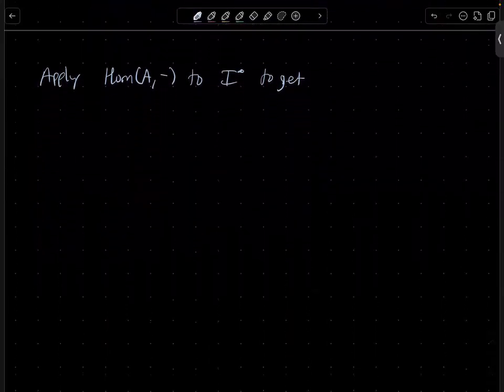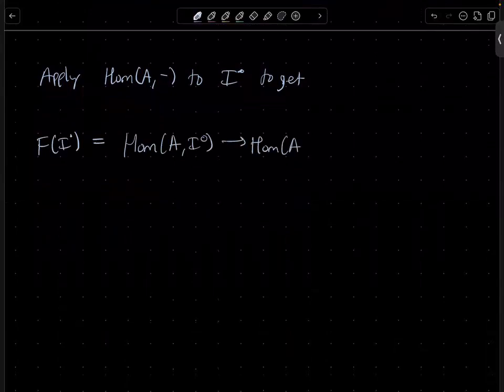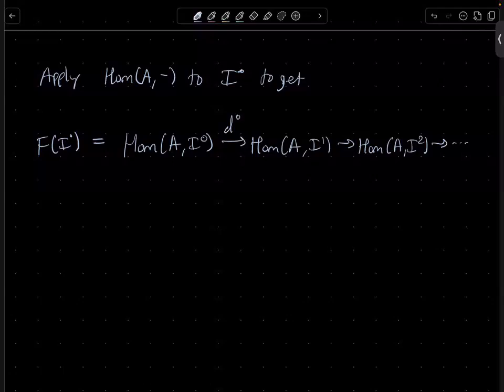So what do you get? I'll denote it by F of I bullet here. This is going to be Hom A I0 going to Hom A I1 to Hom A I2, and so on. And maybe now I'll give names to these maps. This one is D0, this one is D1, this one is D2.